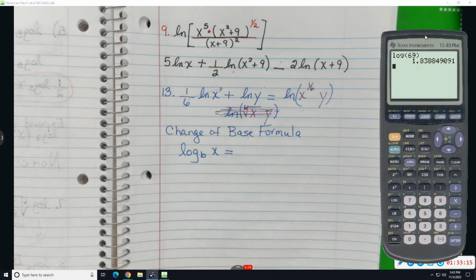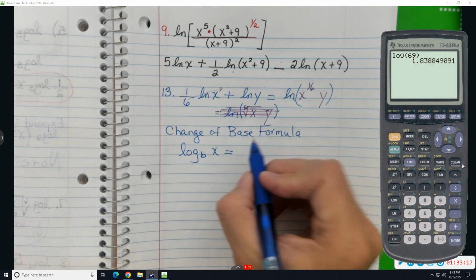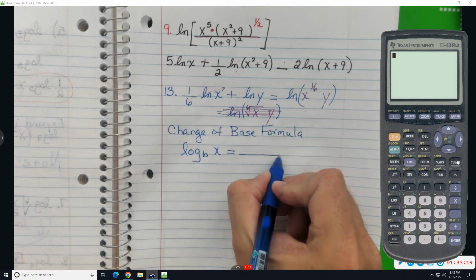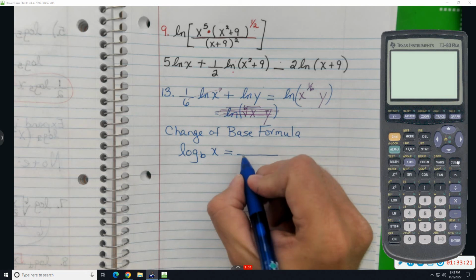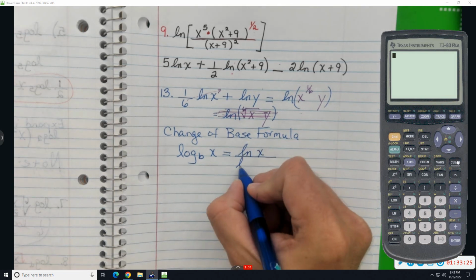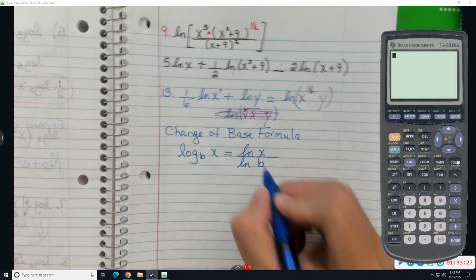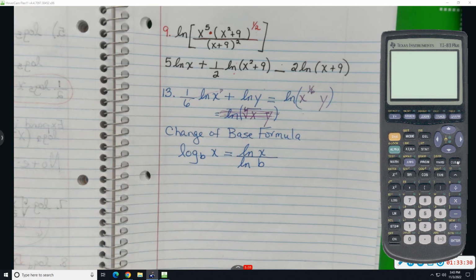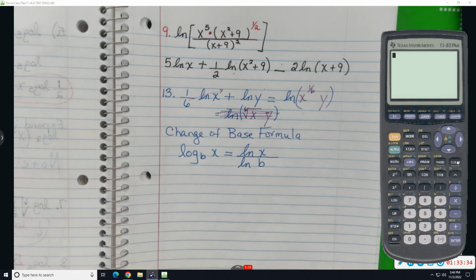Log base b of x equals ln x over ln b. It could be common log x over common log b, but it's more commonly stated with the ln.